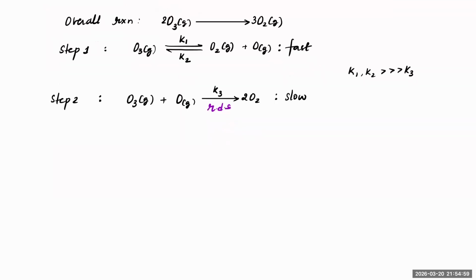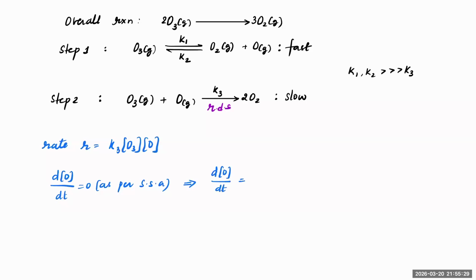So now, if I write the rate expression, rate R should be written for the slow step, which is K3 into O3 into O. But our idea is to eliminate these intermediates. So one thing we know is that as per SSA, this should be equal to 0.